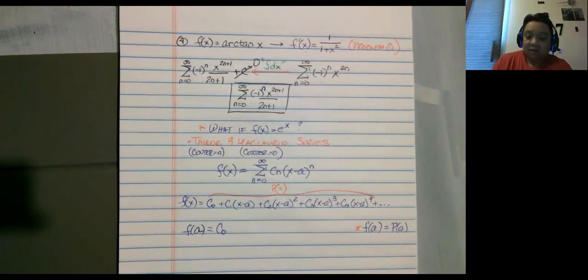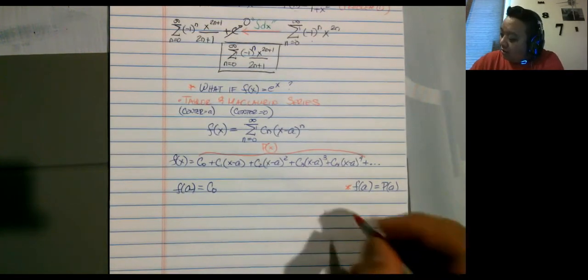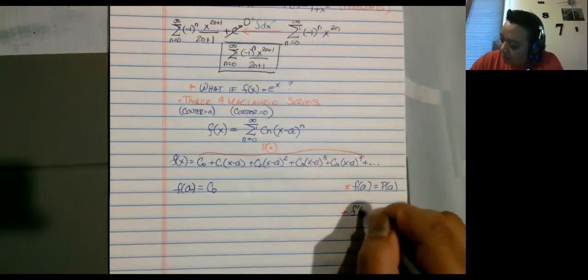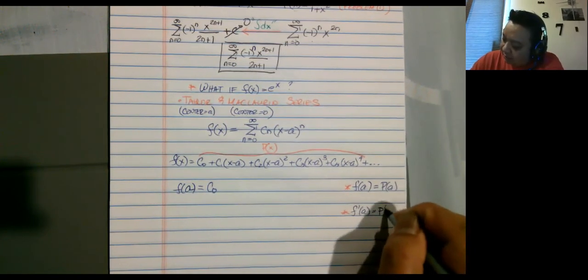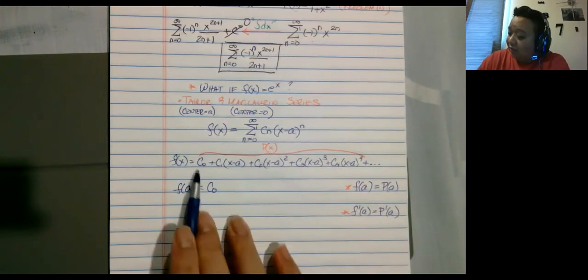Well, it's a function, and we're doing calculus, so Taylor basically said, I want to add more conditions in terms of derivatives as well. The next condition they applied was that I want the first derivative to be equal, meaning f prime of a must equal p prime of a. To do this, we have to take the derivative first.